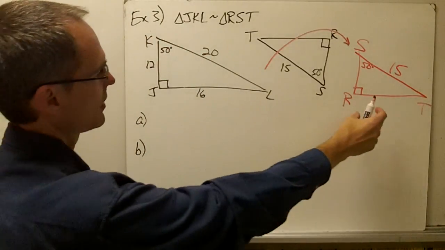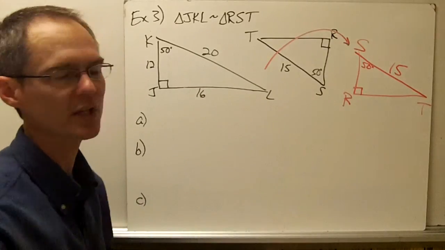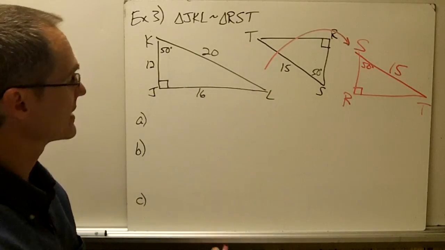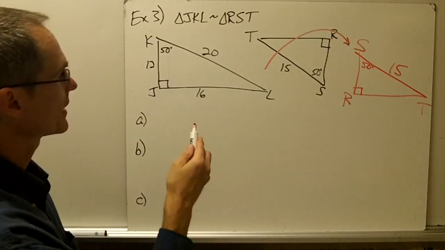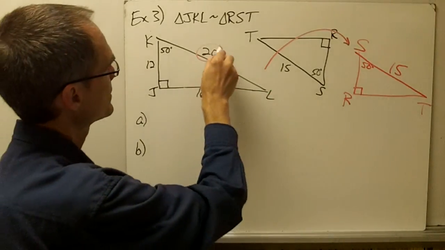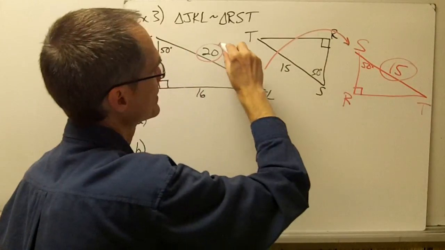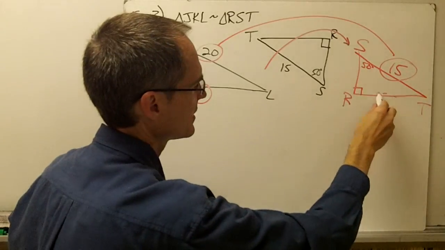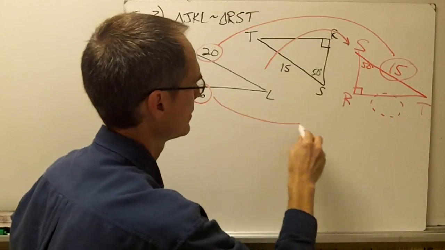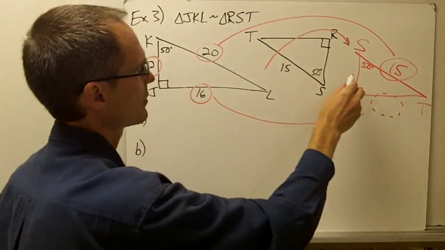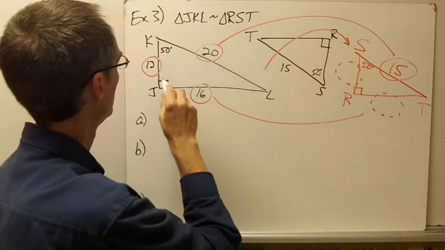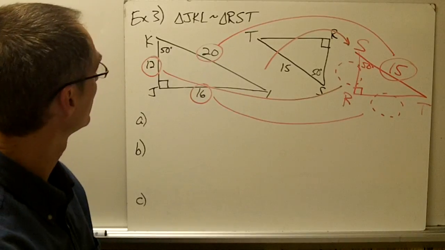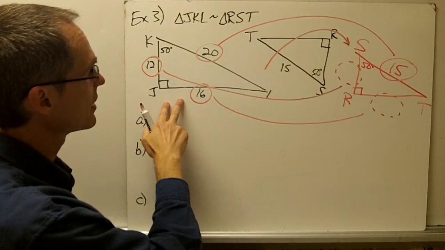Okay, so now I have my two triangles facing the same direction. Now it's going to be easier for me to match up my corresponding sides and angles. I can see this is a pair of corresponding sides here, this is a pair of corresponding sides here, although I don't have anything there, and this is a pair of corresponding sides here. Now it says find the scale factor if triangle JKL is the pre-image.